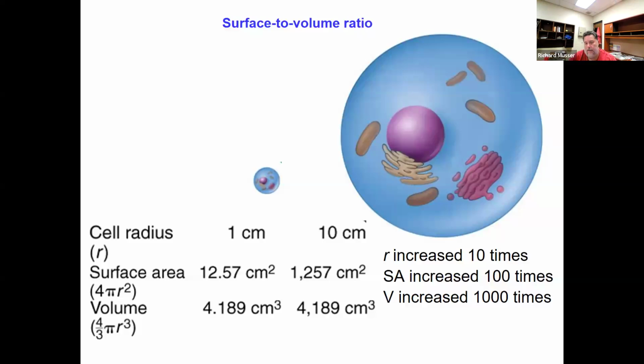So cells being small and increasing their surface area maximizes cellular metabolism. So it's important for cells to be small. If you have a large cell, like a basketball, the volume is so much greater than the surface area that it takes a lot longer for substances to leave and enter the cell.